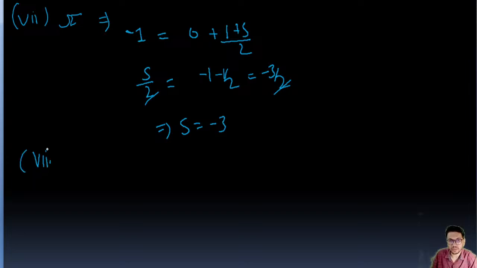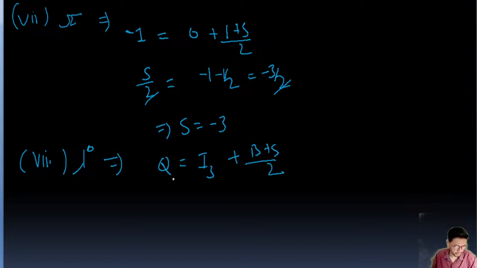Similarly, 8th one, for lambda naught. If we talk about lambda naught, Q is going to be I3 plus B plus S by 2. This is 0 equals 0 plus 1 plus S by 2, right?